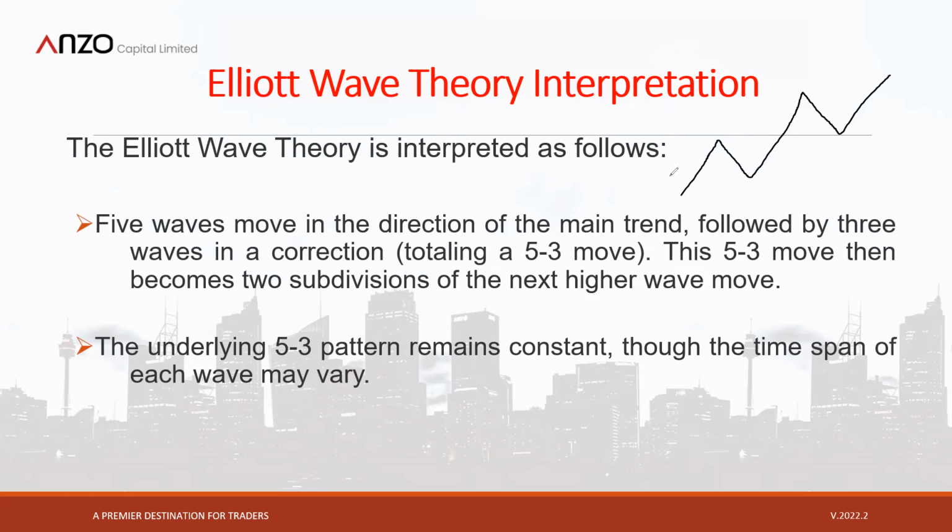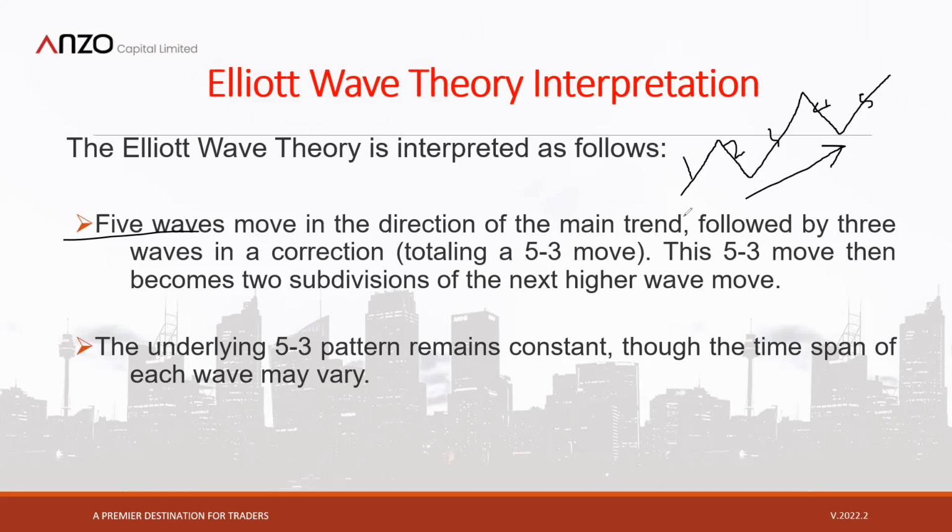As you can see here, this will be wave 1, wave 2, wave 3, wave 4, and wave 5. But what you would notice is that predominantly price is heading higher. So the first thing to note is the 5-wave move in the direction of the trend.